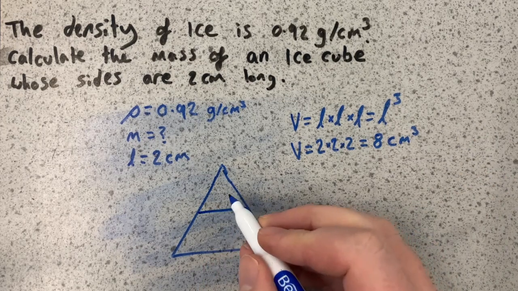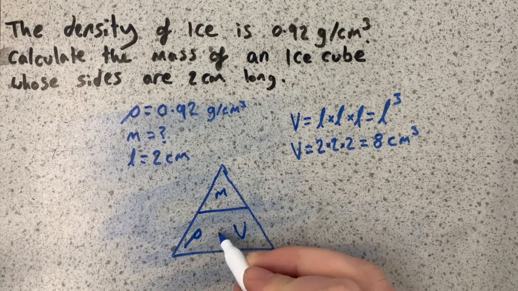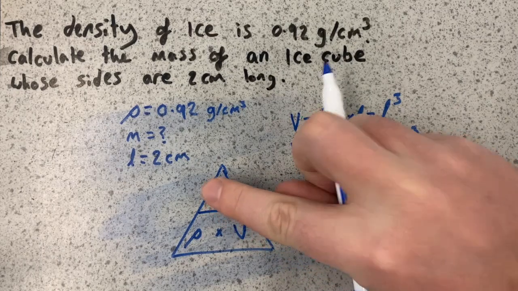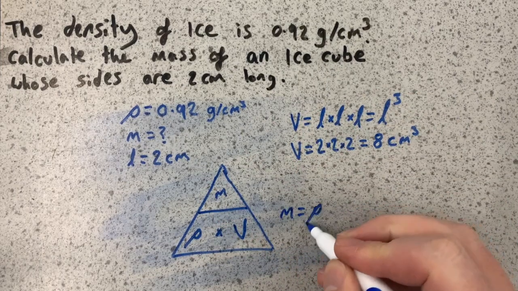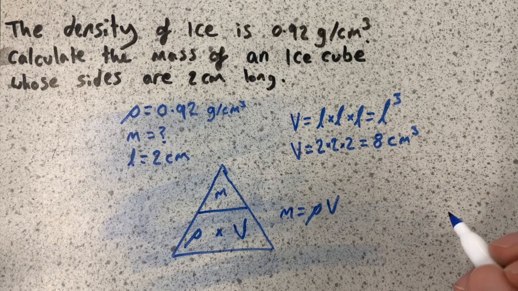Your formula triangle then, we've got density is mass divided by volume. That's probably the way you might want to do it. And then we are covering up mass, because mass is what we want to find. And we find that the formula for mass is then density times volume. Now, I don't put times signs in my algebra because it's bad algebra.